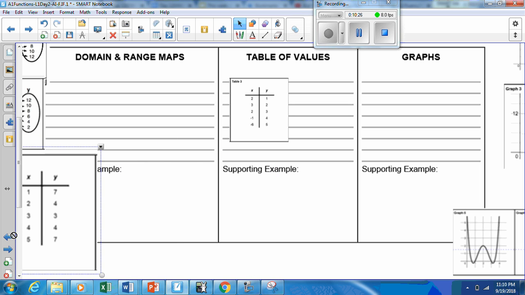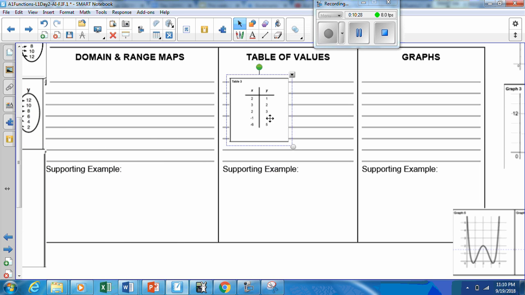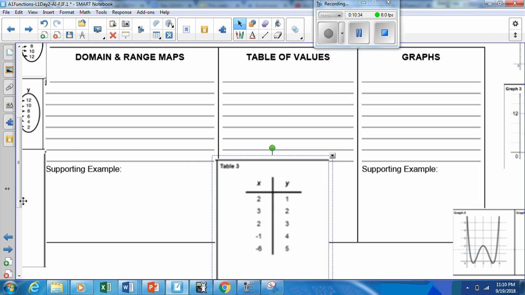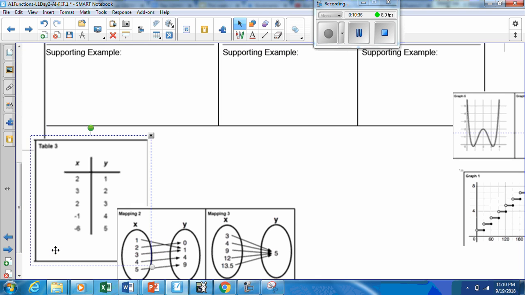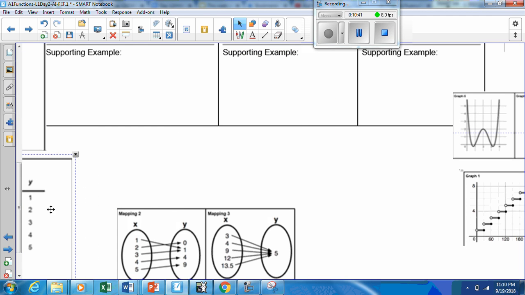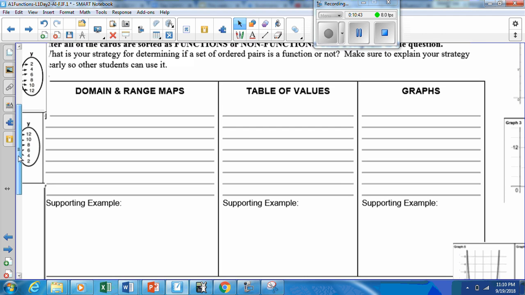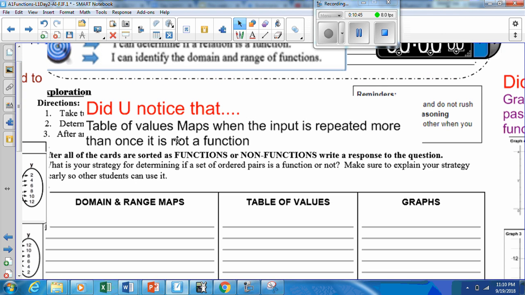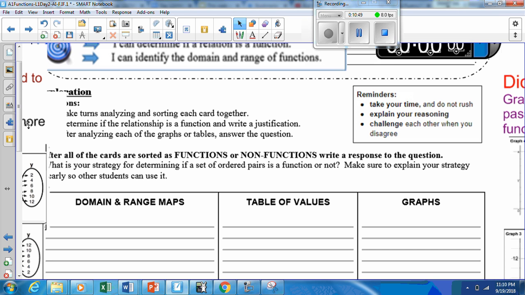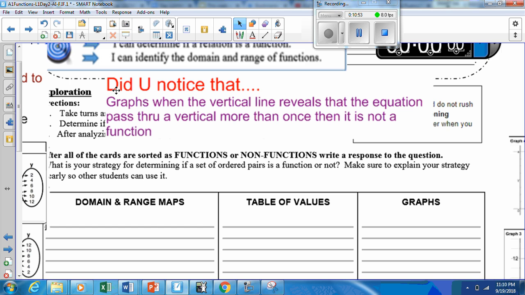All right, let's put this away here. Now, there's also one more representation it asks us to consider. It asks us to consider the representation of graphs. So let's do that now. For graphs, did you notice that when a vertical line test is done, it reveals that the equation passes through the vertical more than once?